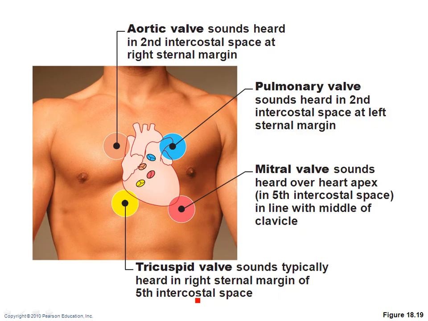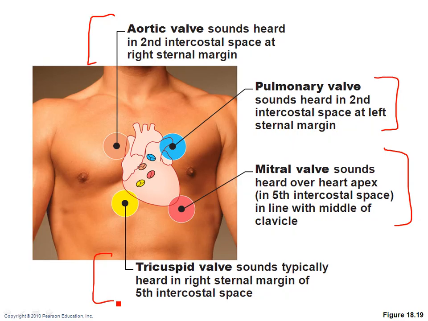This is a picture from your textbook, and I'm not going to spend a lot of time on it, but if you place your stethoscope in strategic locations, which you can read about on this diagram or in your textbook, you can actually hear the sounds associated with a particular valve closing. So we've got the lub sound and the dup sound.